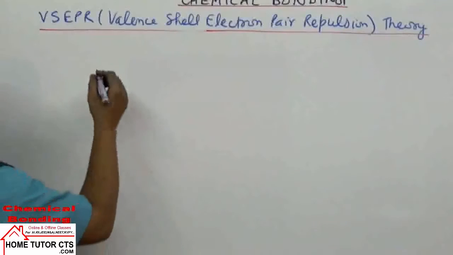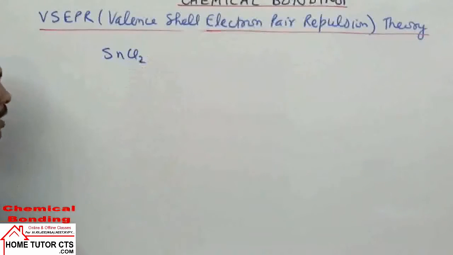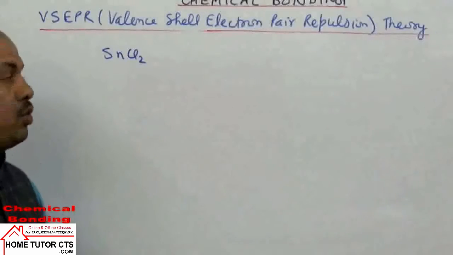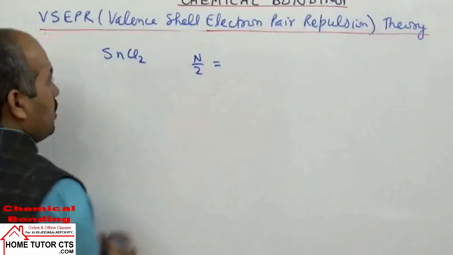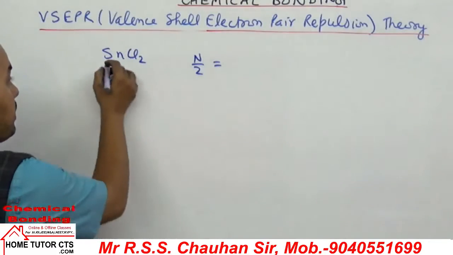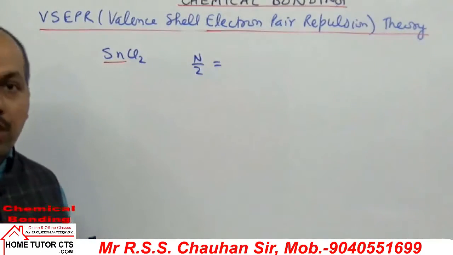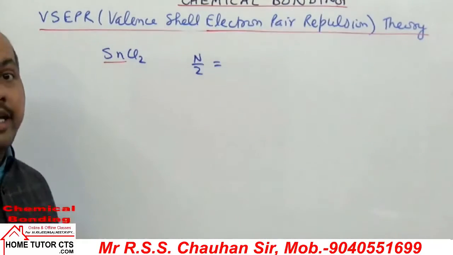Now next example taken, SnCl2. For this case what the value of n by 2? Now in this case tin will be taken central atom. Tin in the outermost shell have how many electrons? 4 electrons. Group 14 elements.